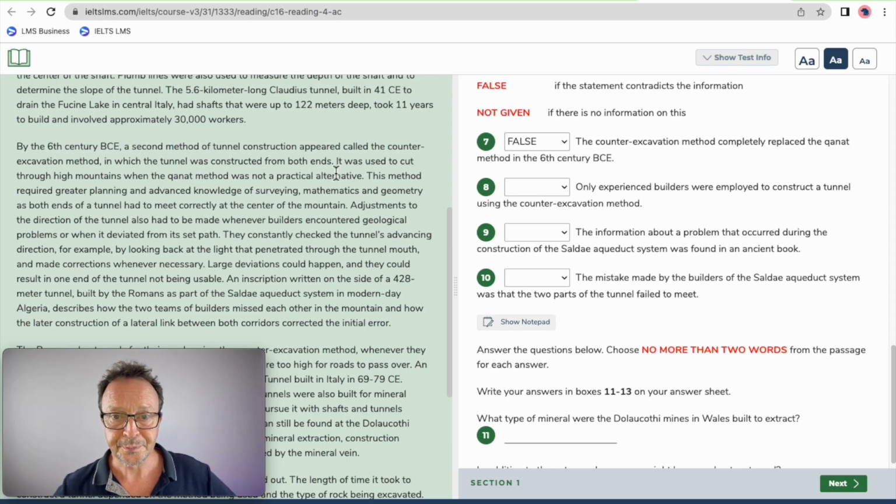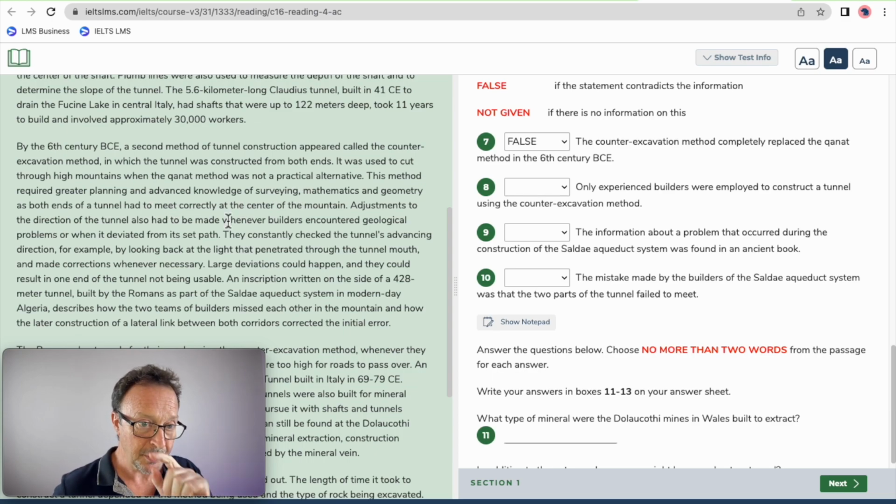Next one. Only experienced builders were employed to construct a tunnel using the counter excavation method. Okay, this method required greater planning and advanced knowledge of surveying and mathematics and geometry at both ends of the tunnel. So that's experience, I guess, and knowledge. No mention of builders, particularly.